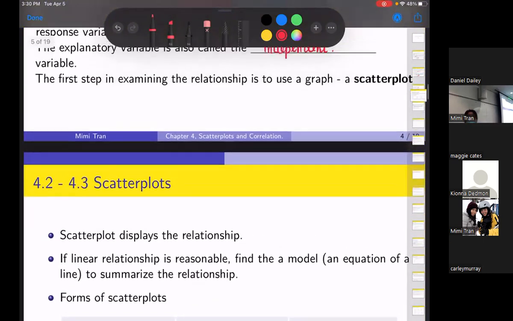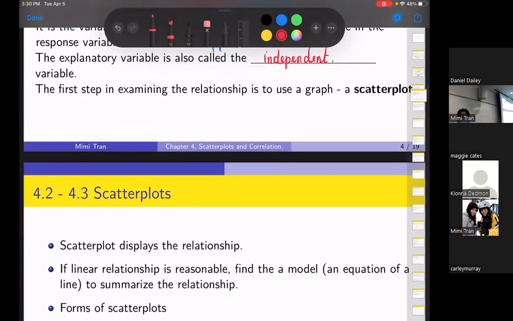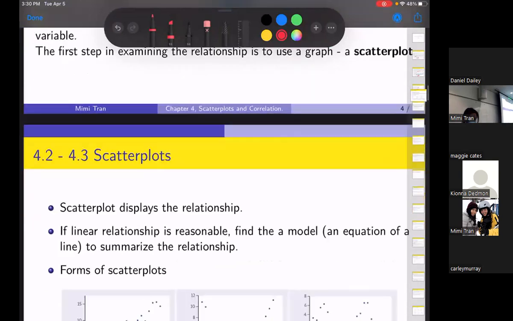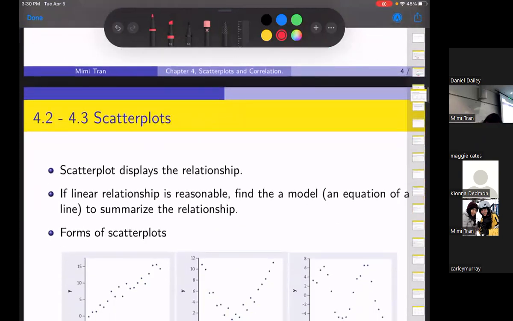So here when I have my data set, the first thing I'm gonna do is graph it. And for quantitative variables, both of them, x and y, the graph is called a scatter plot. It's examining the relationship between variable x and variable y. So a scatter plot displays the relationship between variable x and variable y. It does not distinguish what is x and what is y though.